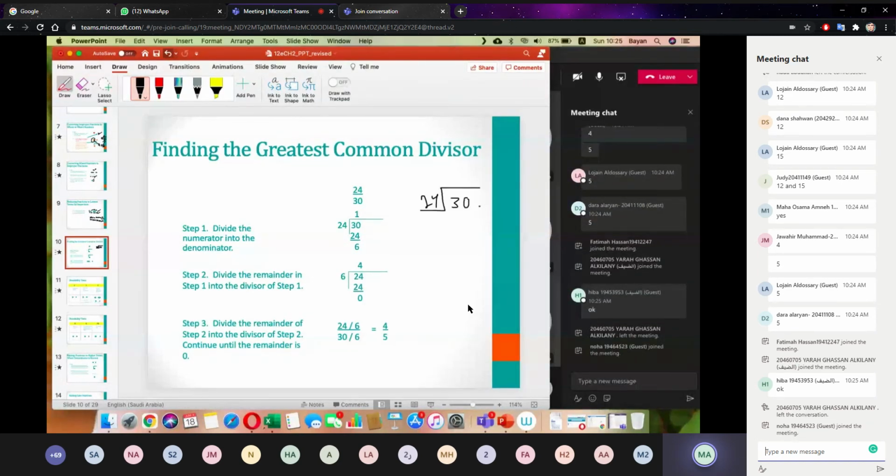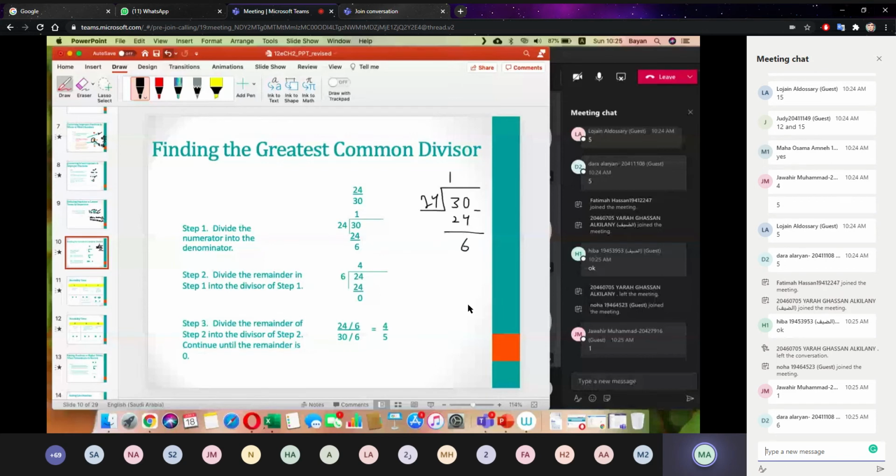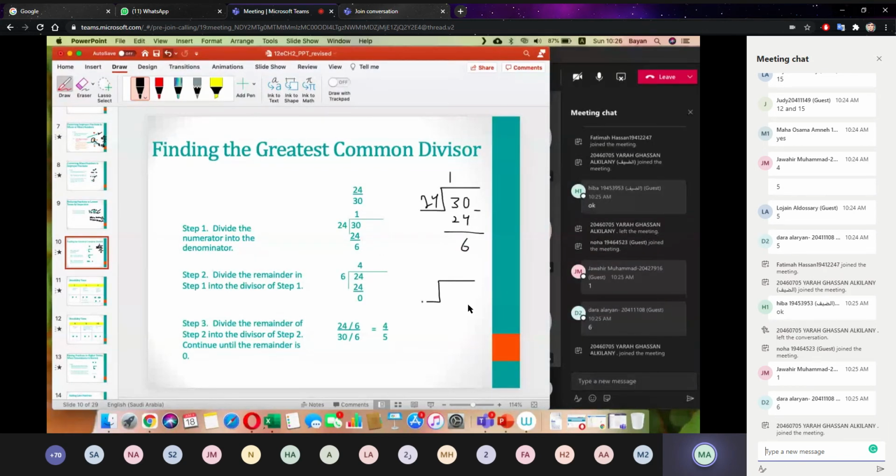We have number 1. 1 multiplied by 24 gives you 24. So 30 minus 24 gives you 6. So then we divide 24 by 6. So we have 24 here and number 6 here.